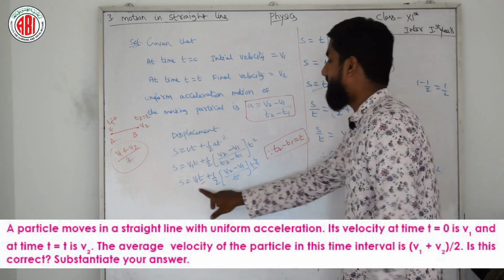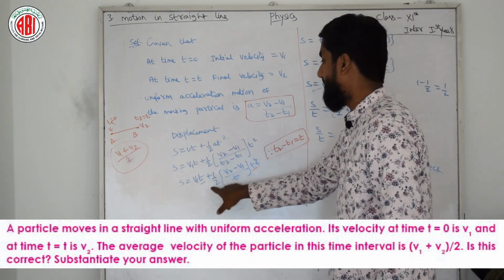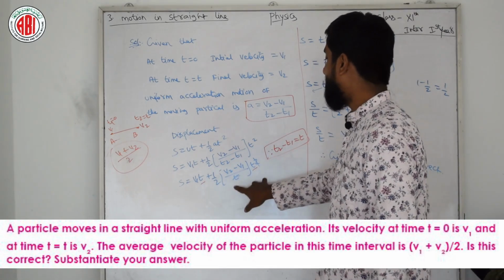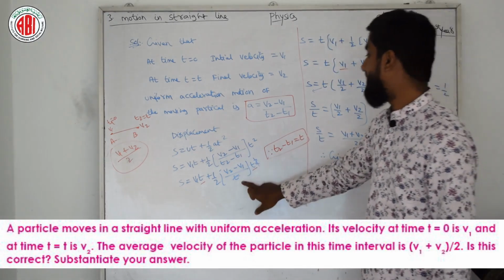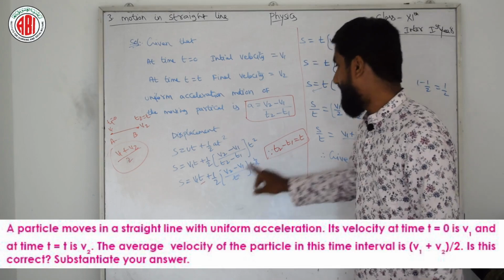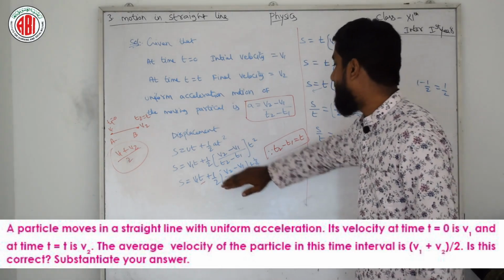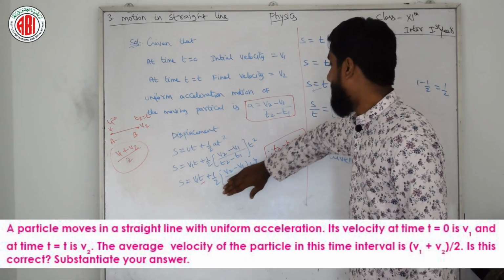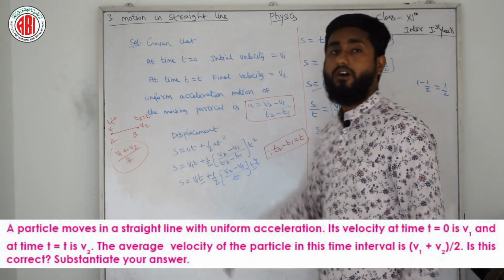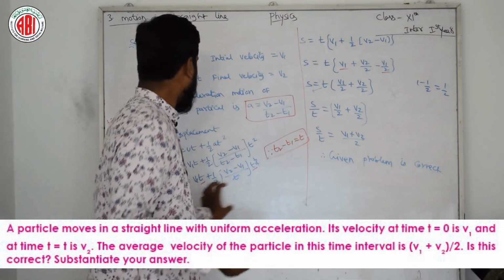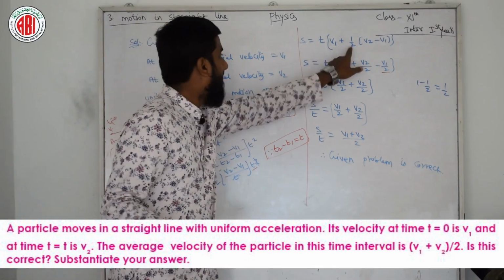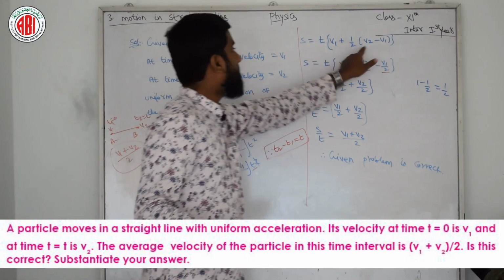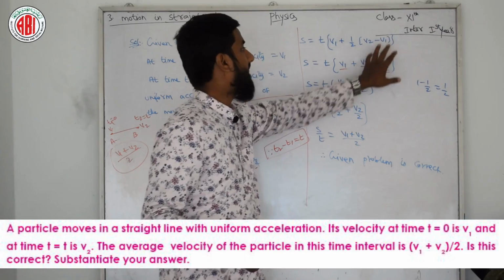Next step what I did: t v1 t plus half v2 minus v1 by, here t2 minus t1 is nothing but t itself, so I wrote t into t square. Here t and square get cancelled, we remain with only 1 t outside the bracket. Now next step I have taken t as common, so I remain with v1 plus half, okay, v2 minus v1, bracket close.